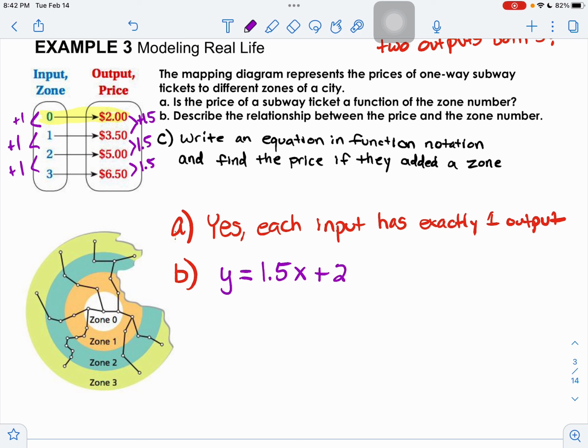All right, so in C, I told us now we want to try to write this equation in function notation. So function notation is just instead of writing y, you are going to write a letter, and this letter can change, but generally we use f of x.